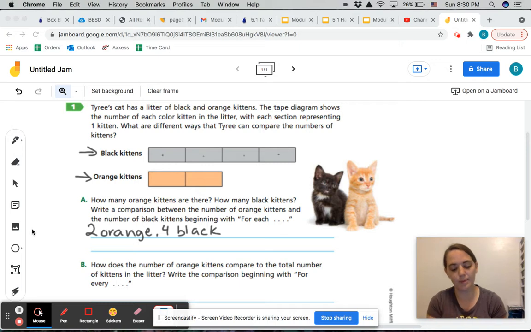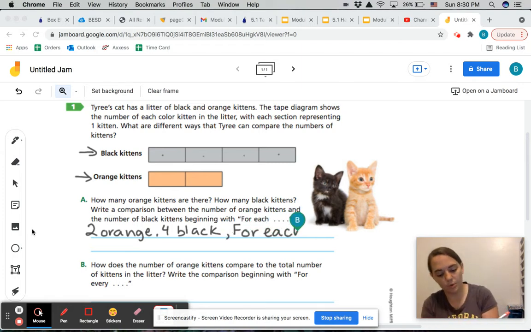Okay, so we're going to write a comparison beginning with the words "for each." We're going to start with orange kittens.